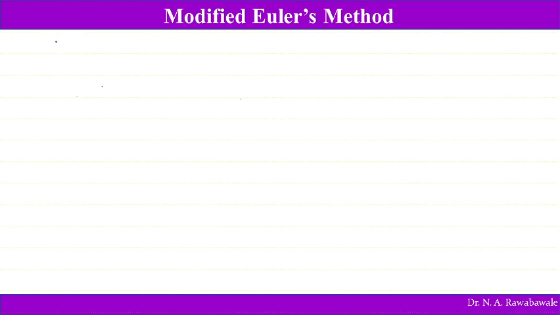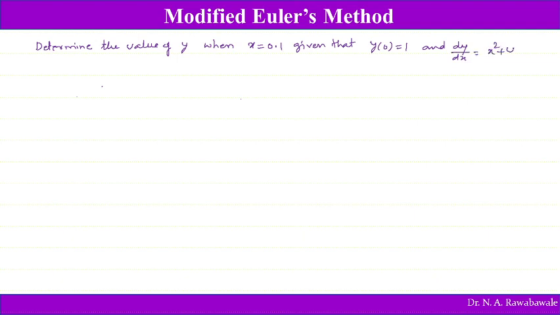So here what is given is: determine the value of y when x is equal to 0.1, given that y of 0 is equal to 1 and dy by dx is equal to x square plus y.